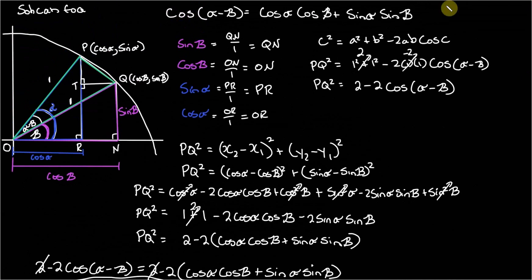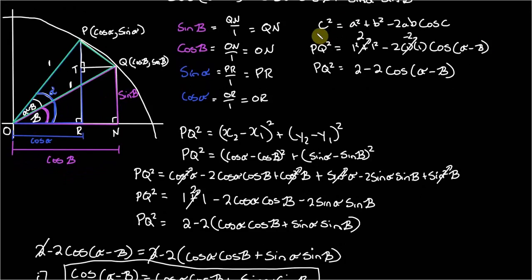Let's take a summary here. To prove initially cos(alpha minus beta) equals cos alpha cos beta plus sine alpha sine beta, which was our starting point, we used the law of cosines, the distance formula, some basic first principle geometry, and also our knowledge of the unit circle.